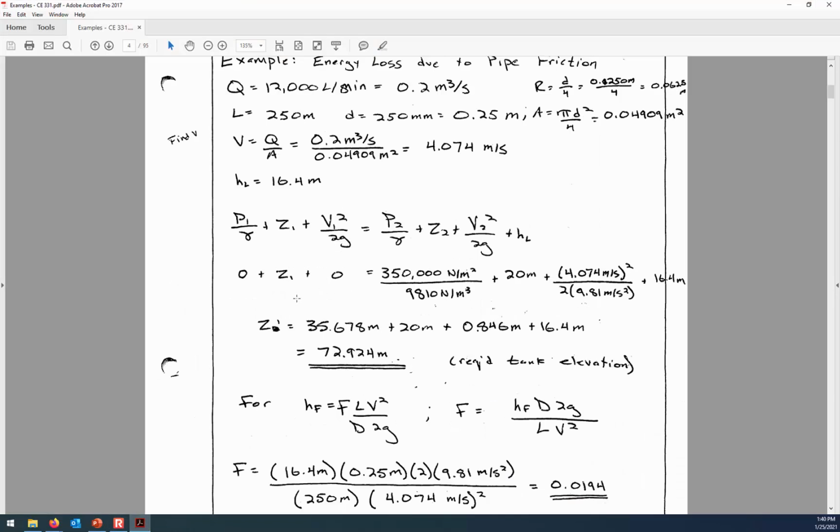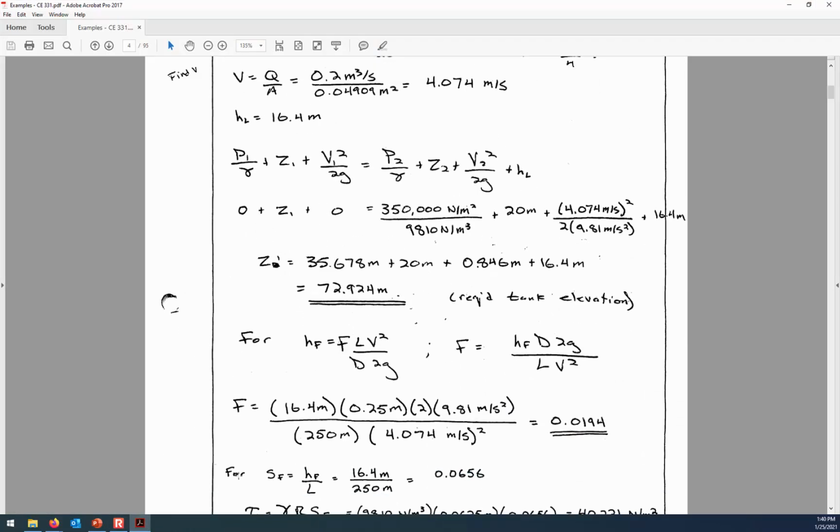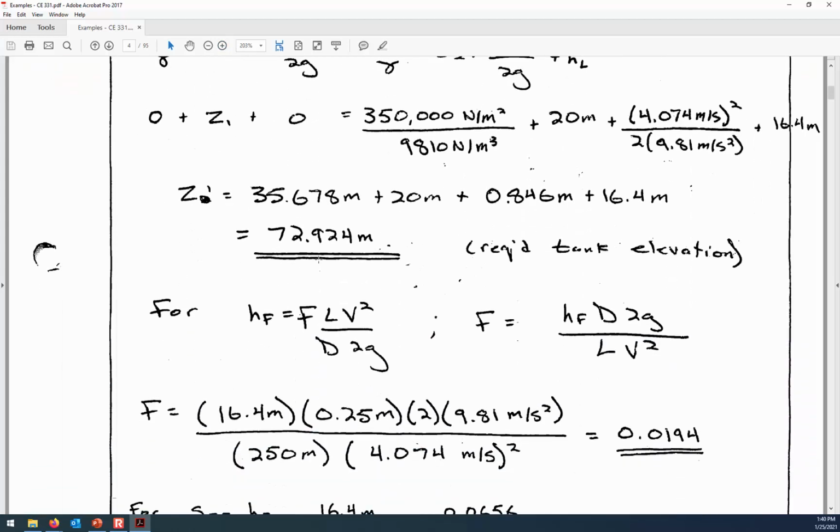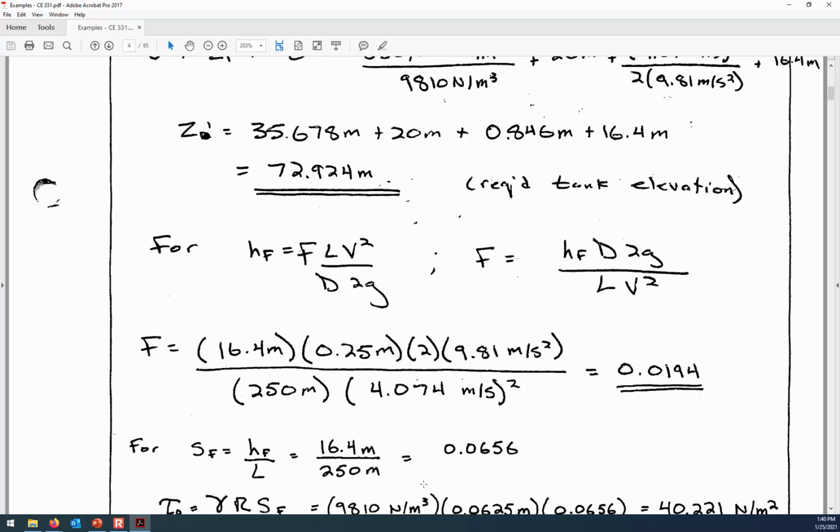So, let me zoom in a bit. The slope of the energy grade line will be 0.0656, and we get that from the 16.4 meters of head loss over 250 meters of pipe.